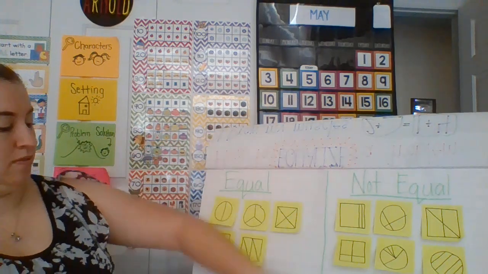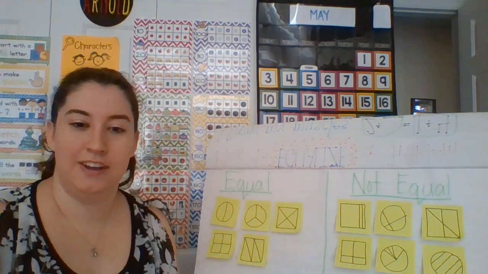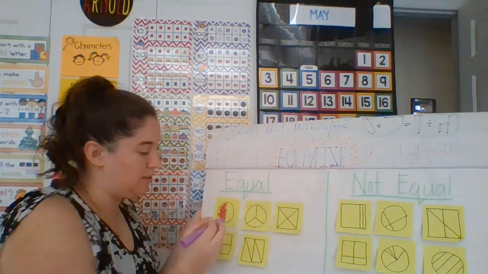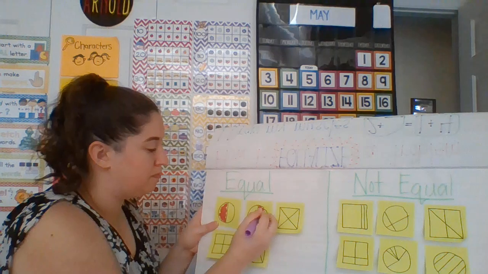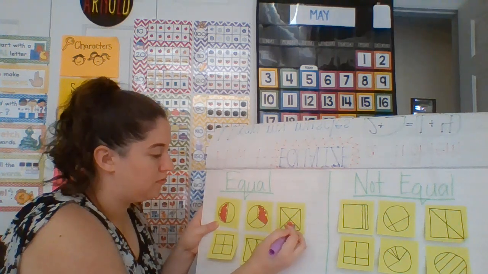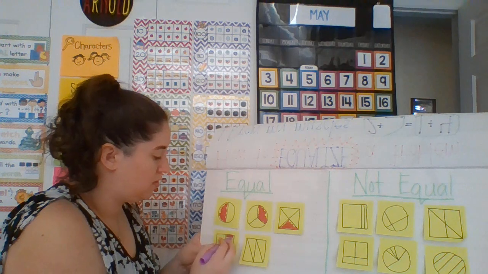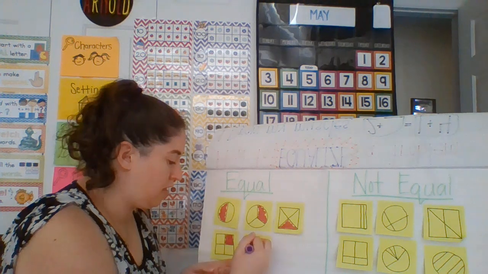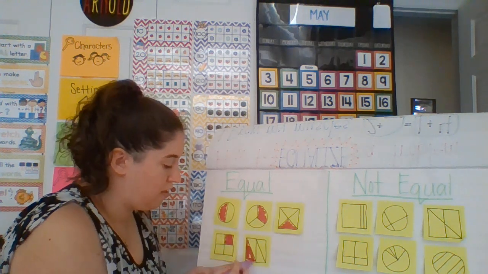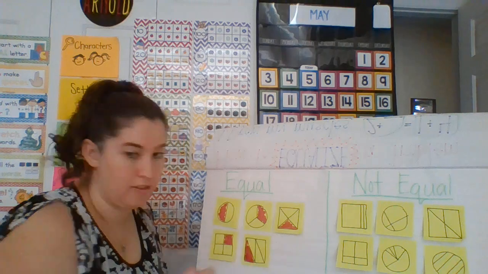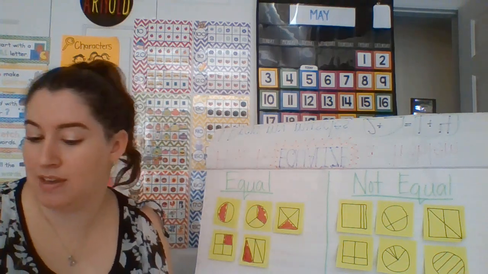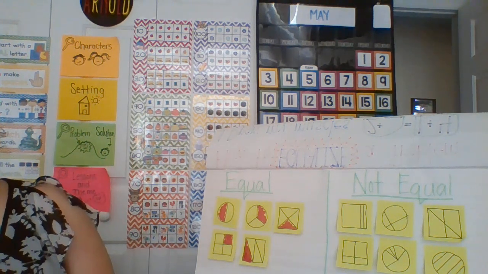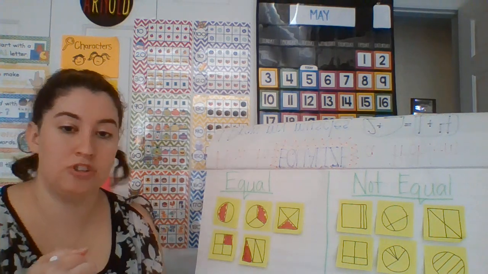Okay, so if I color in one piece, because that's what we've been working with is one piece, I'm going to color in one piece on all of them. Okay, there we go. We have to decide whether they are 1/2, 1/3, or 1/4. That should be a dark enough color to show up.